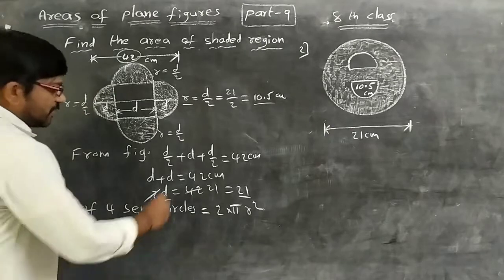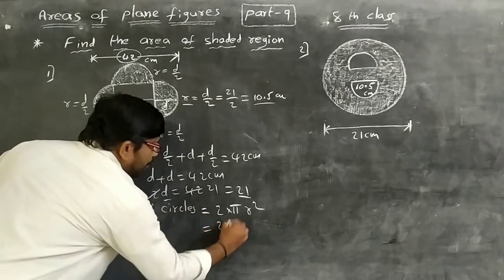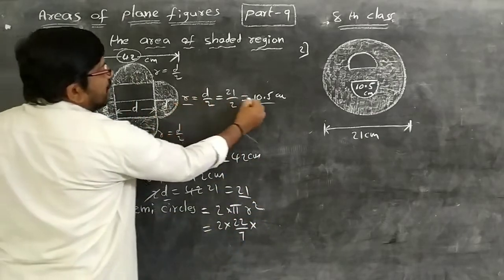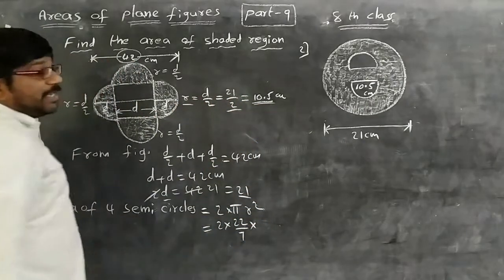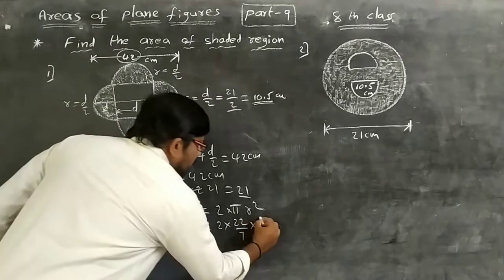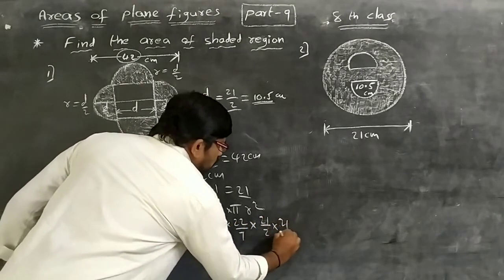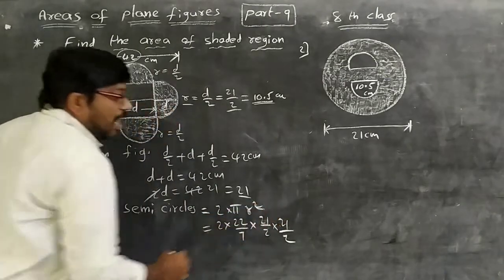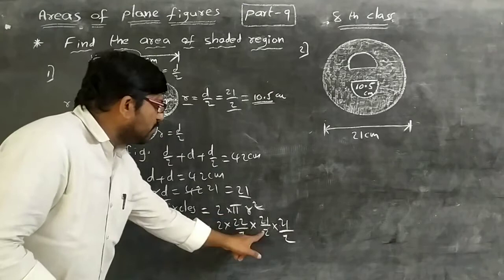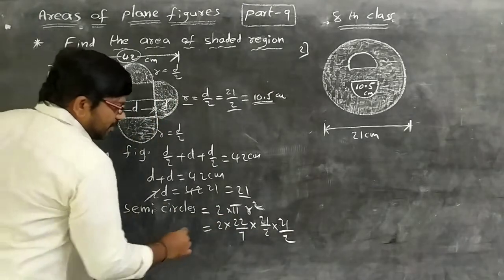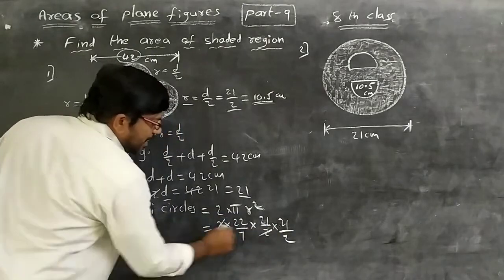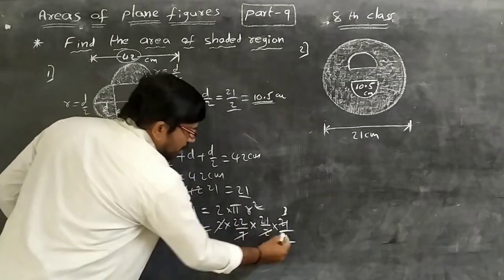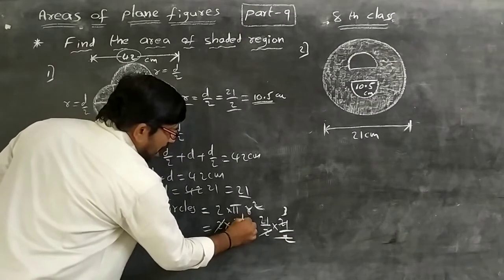Now substitute values. That is equal to 2 into pi, value 22 by 7, into r square. You know the radius r is 10.5, that is 21 by 2, raised 2 times because it is r square. Pi r square means r into r. Now cancel. 2 gets cancelled, 7 threes are 21, and 2 ones are 2, 11s.